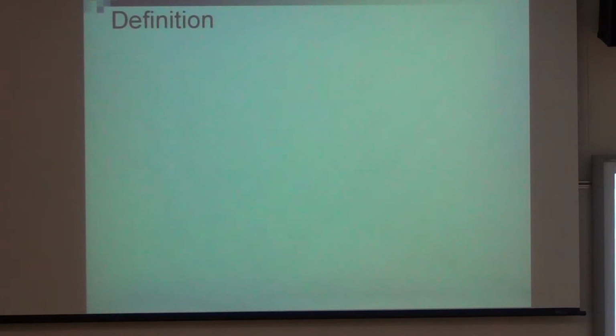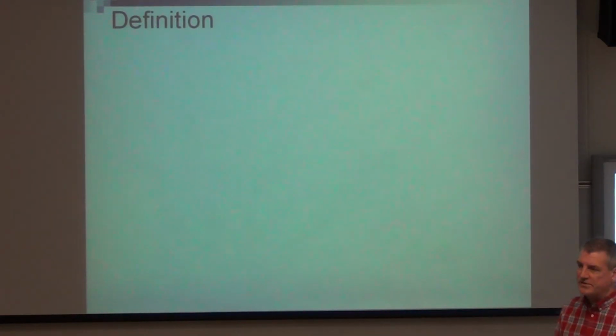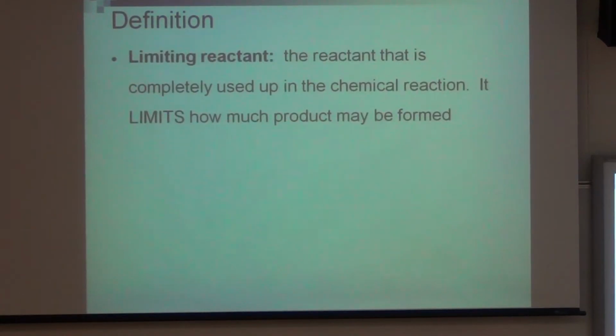When we find the limiting reactant in a chemical equation, it's the same deal, except that instead of dealing with bikes and handlebars, or tires and handlebars, we're going to be dealing with hydrogen or carbon dioxide or whatever other substance we're dealing with. So the limiting reactant is the reactant that's completely used up. It's the one that limits how much you can produce.